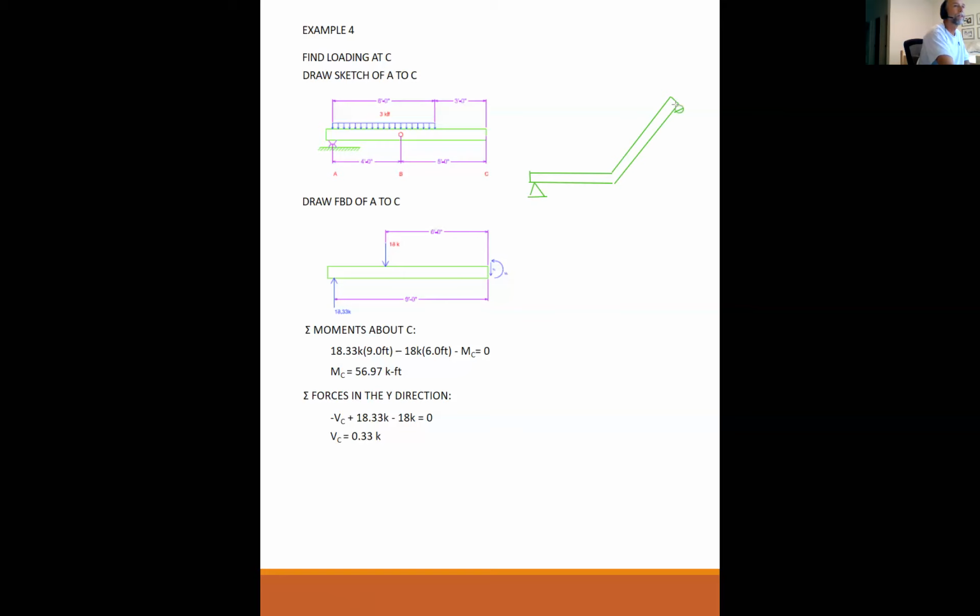Let's try that way. There you go. And you could have some load on it like that. So even though all your loads are vertical, because of this kink in the beam, you're going to have some normal forces in this section of the beam. You'd have some normal forces in this section of the beam as well.